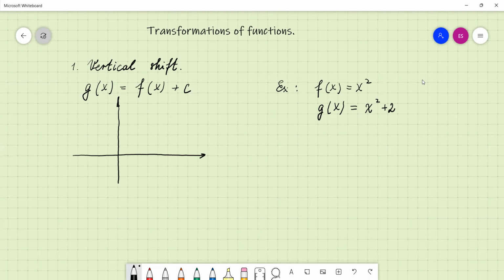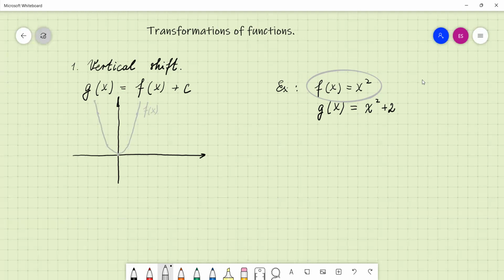So I'm going to graph my original parabola, and I'm just going to use a few points: 0, 0, 1, 1, minus 1, 1, and maybe one more point like 2, 4. Remember that 2 squared is 4, so I'm going to make a nice curvy shape over here. That's my original parabola f of x.